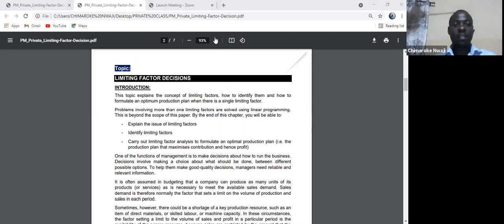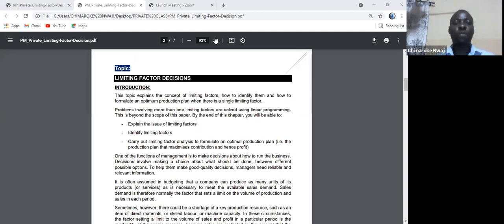This topic, limiting factor decisions, explains the concept of limiting factor, how you can identify them, and how you can formulate an optimal production plan where there is a single limiting factor.